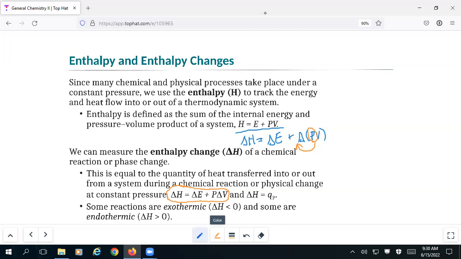And for reasons that we'll get to in a little bit, if that pressure is held constant, and we are dealing with a specific type of work called pressure volume work, which is associated with gas phase reactions, then enthalpy can be shortened even further, just simply being related to the heat energy.